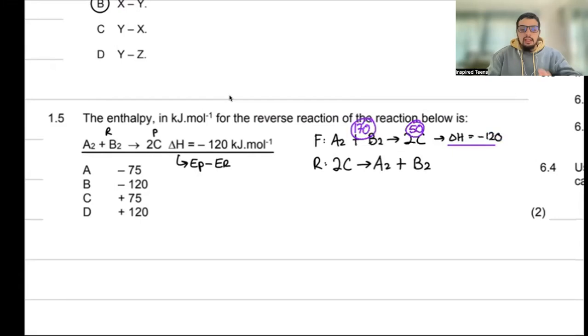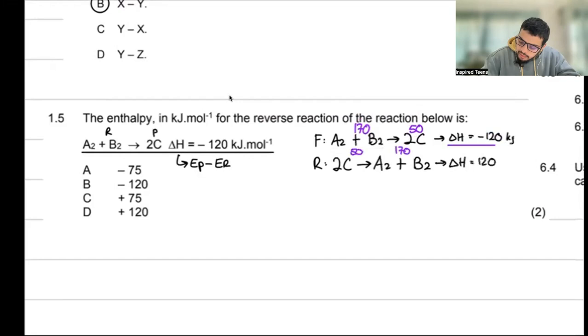There could have been any calculation that gives you negative 120. I'm just assuming if this was 50 and that was 170, and we said 50 minus 170, we would have got a negative 120. But now that's flipped around because the A2 plus B2 are now the products, okay, we're going to say 170 minus 50. And that's just going to simply give us positive 120.